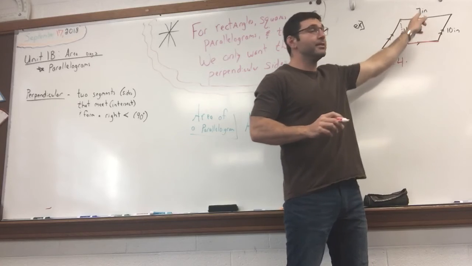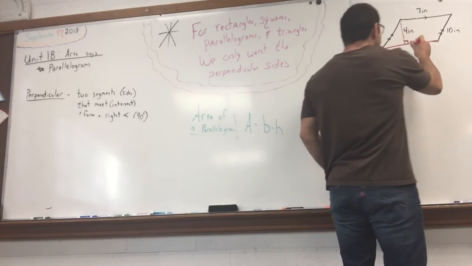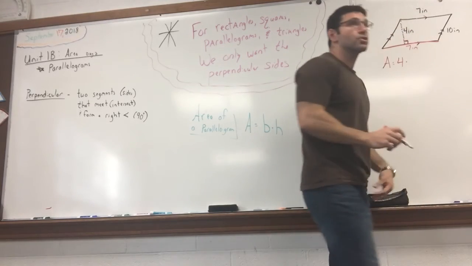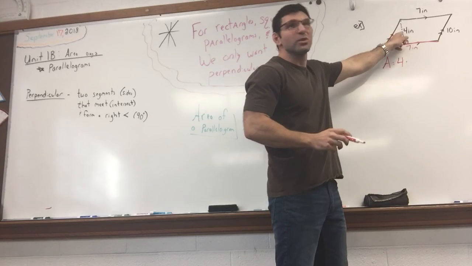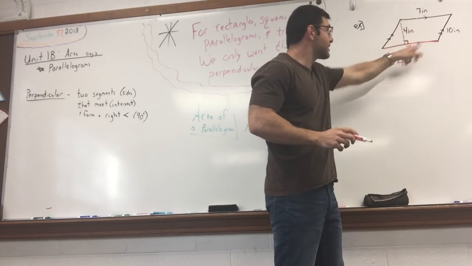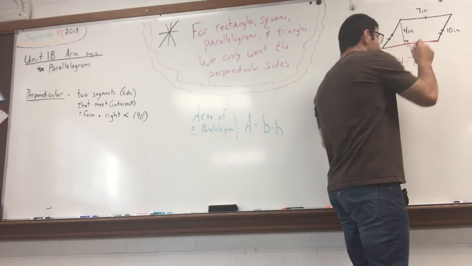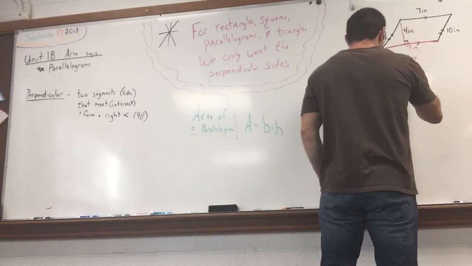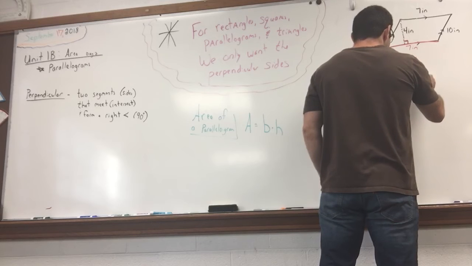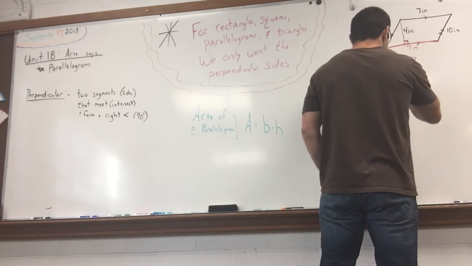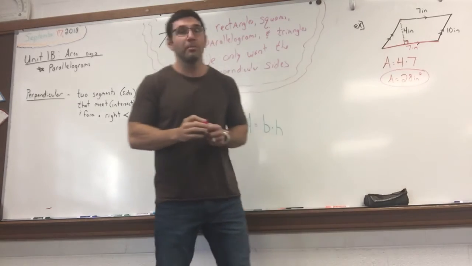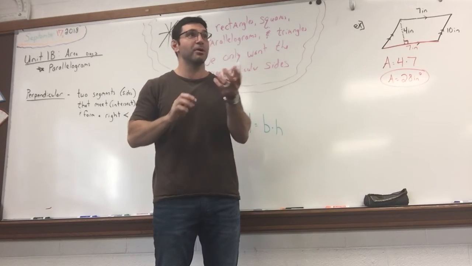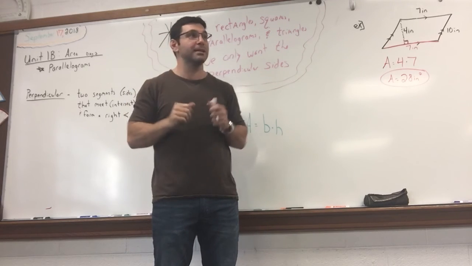So if this side's 7, the opposite side has to be 7. So now this is really my height. This is my base. So I've got 4 times 7. Everybody with me? So now I can say area equals 28 inches squared. The multiplication stays the same. The tough part is finding the perpendicular sides.